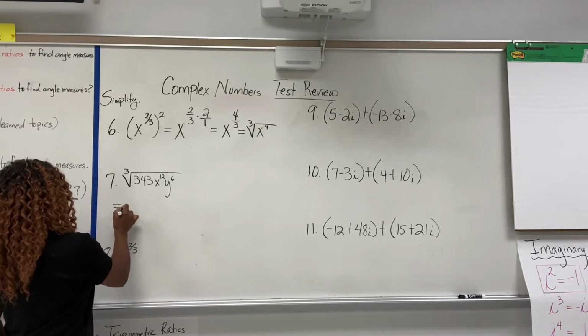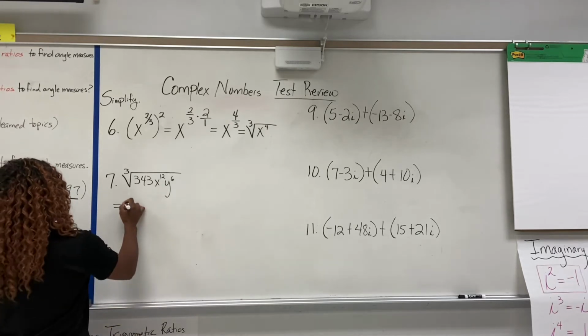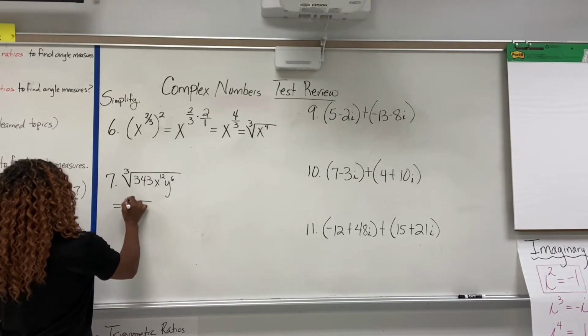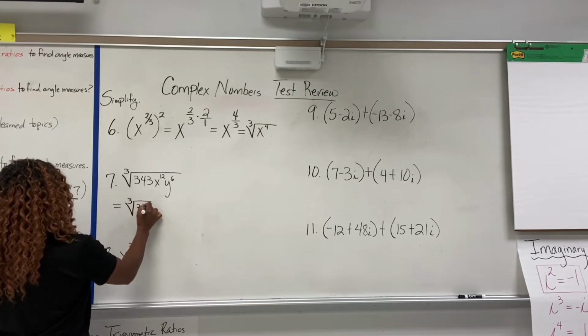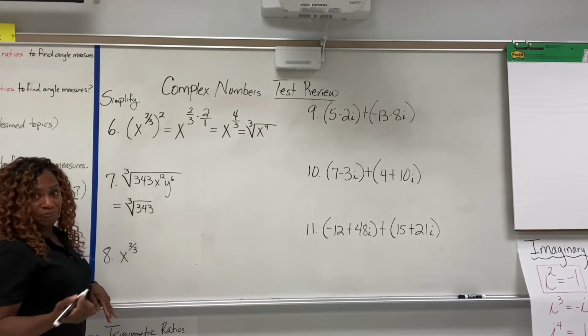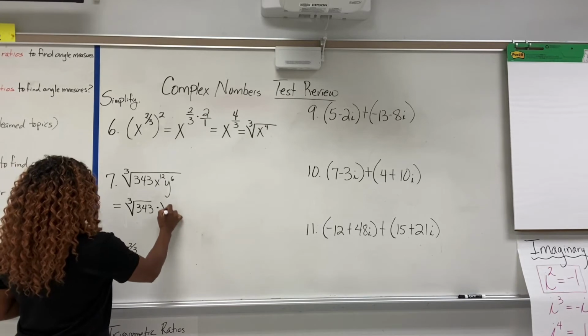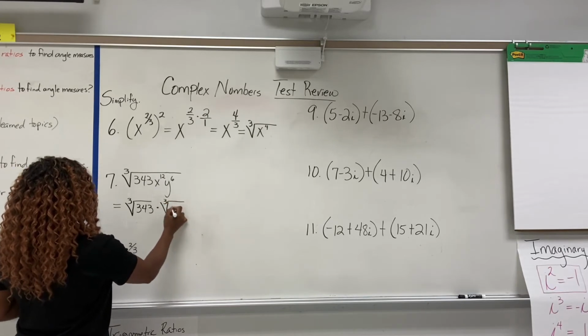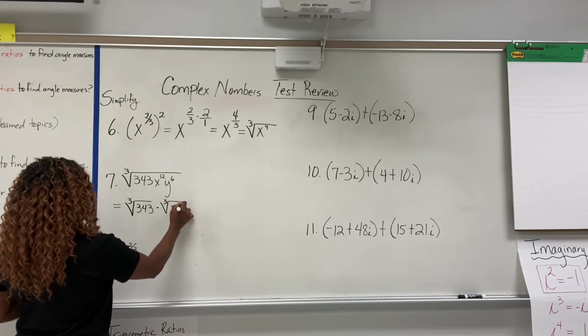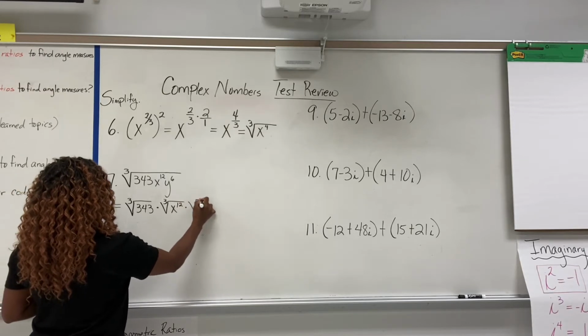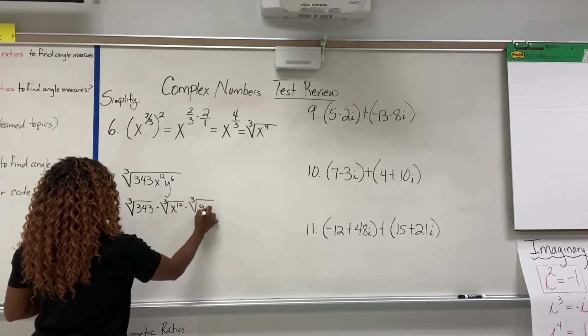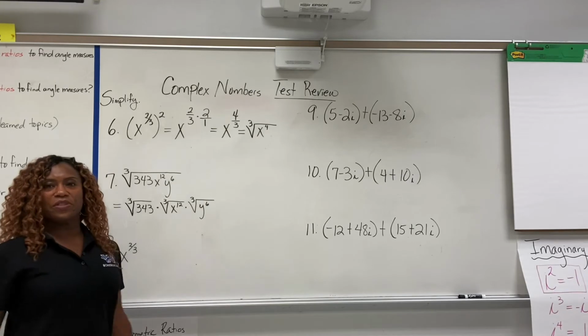And I want to go ahead and break it into the cube root of just the numeric radicand times the cube root of the x term times the cube root of the y term, just so we can clearly see what we're doing here.